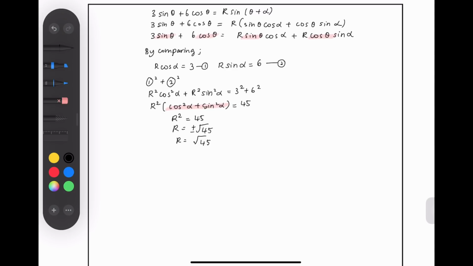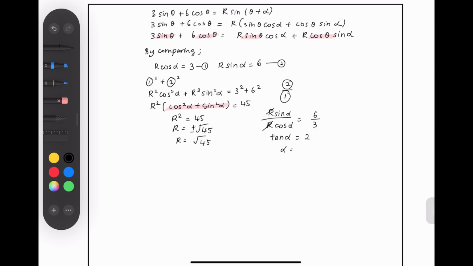To find tangent, we're going to do equation 2 divided by equation 1. It's going to be R sin alpha over R cos alpha equals 6 over 3. R cancels out, so sin alpha over cos alpha is tan alpha. The tan alpha equals 2.